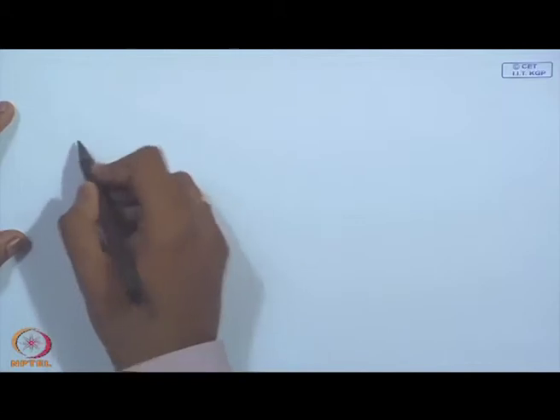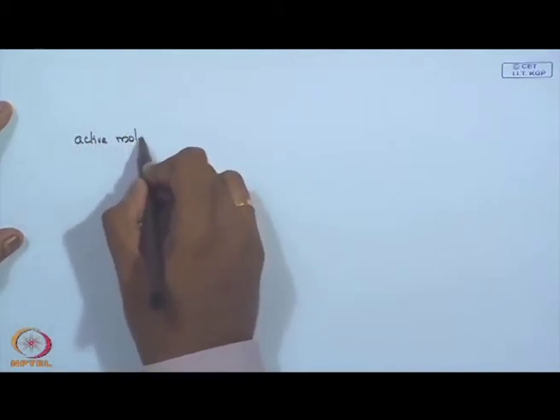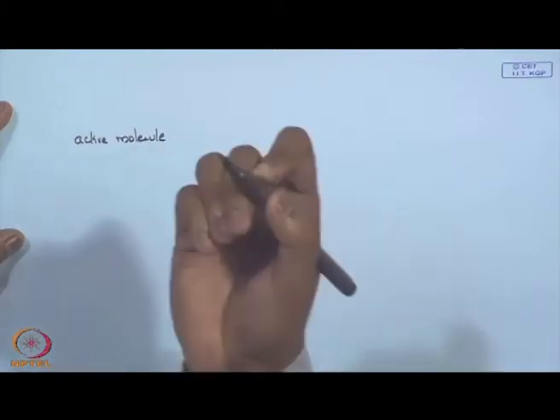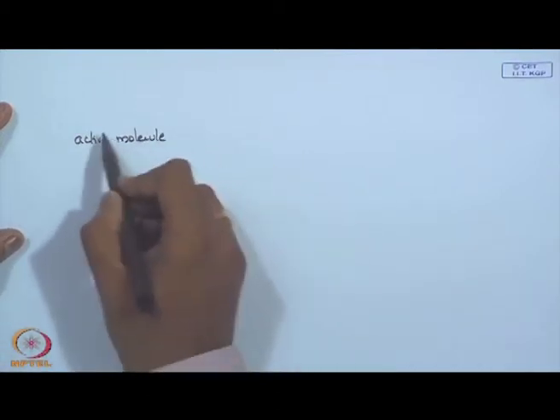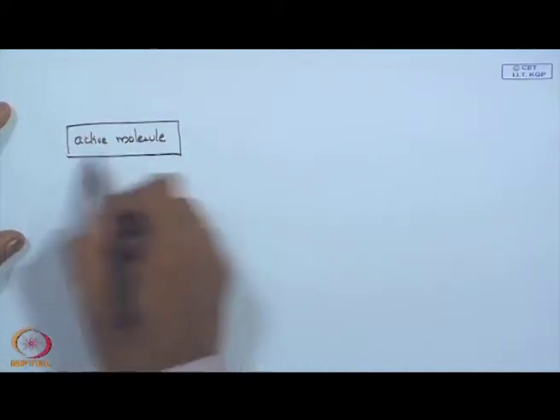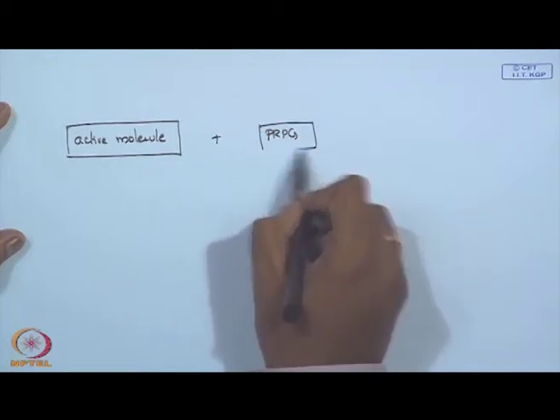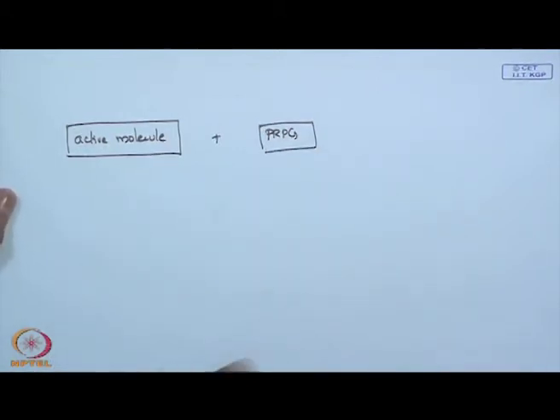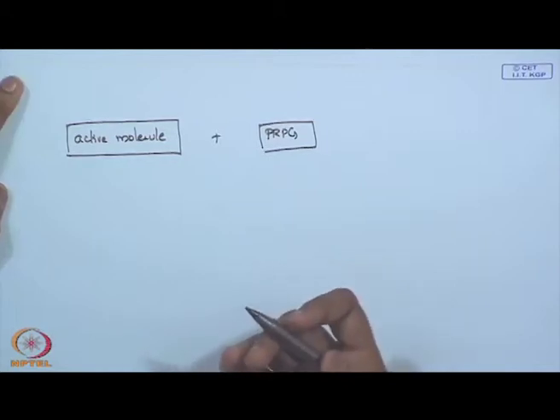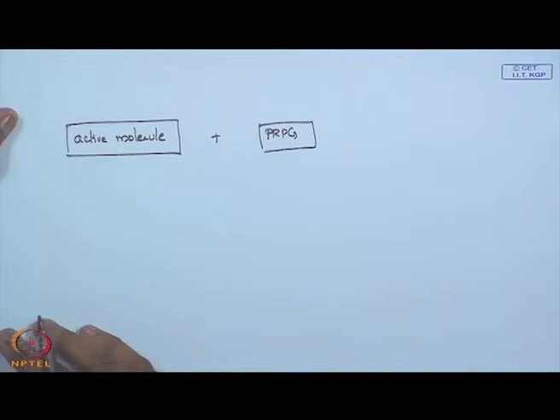So what you do is you take the active molecule. For example, I am taking chlorambucil, which is an anti-cancer drug, and then I take my photoremovable protecting group. You can take coumarin, so that it can be water soluble, or it can absorb at a longer wavelength so that your cell is not affected.